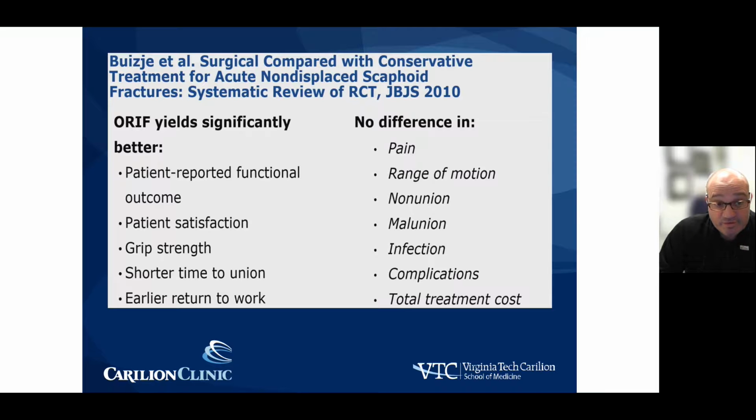But they noted there was no difference in pain, range of motion, non-union, malunion, infection, complications, and total treatment costs. So this is something to have in your armamentarium as you're advising your patient specifically for acute non-displaced scaphoid fractures.